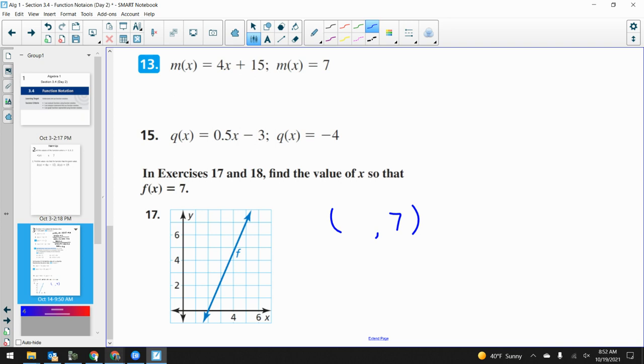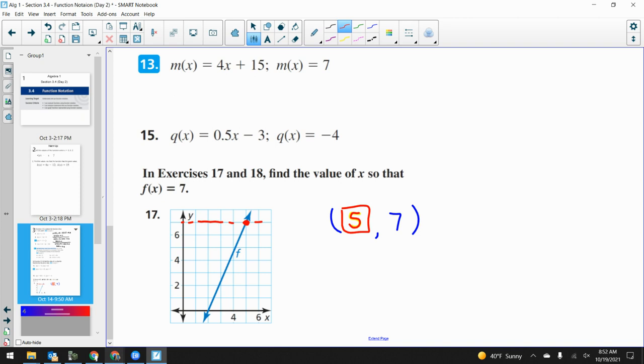Well, let's look along the line. Here's 7 for my y value. Oh, it hits right there. What x value gives us a y value of 7? 5. So 5 is my answer.